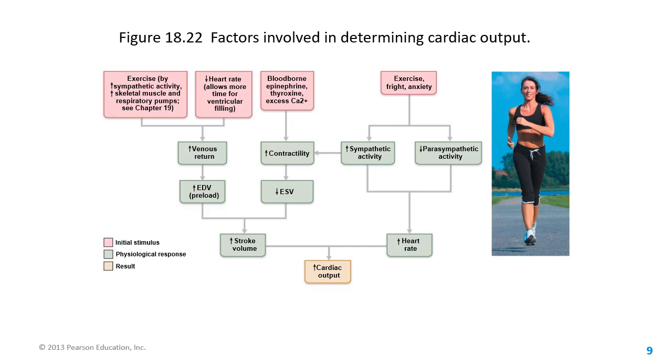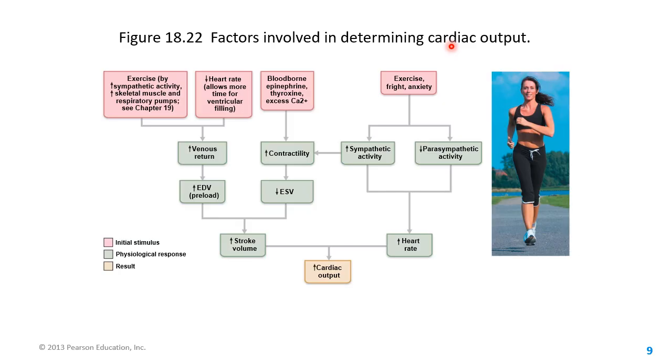All right. So what are factors here that are important in determining your cardiac output, right? So we see here that if you have a certain stimulus like exercise, for example, right? So when you are exercising, let's talk about exercise first, it's the easiest one.